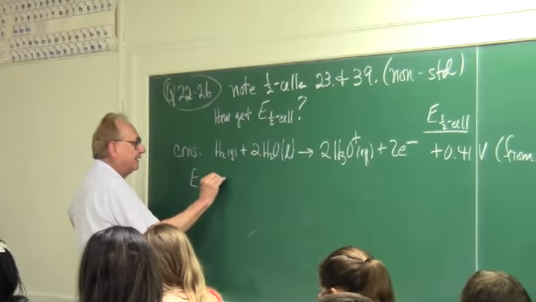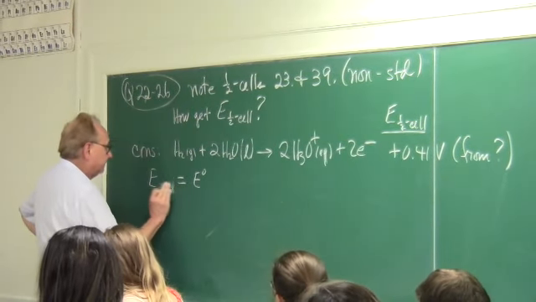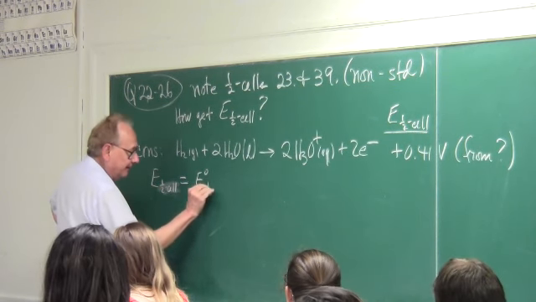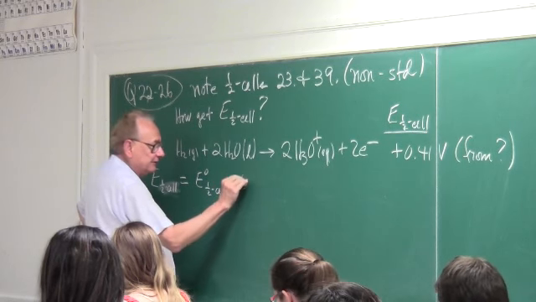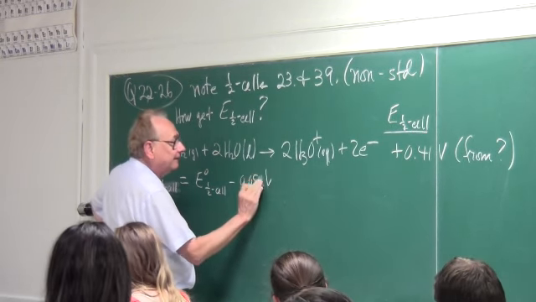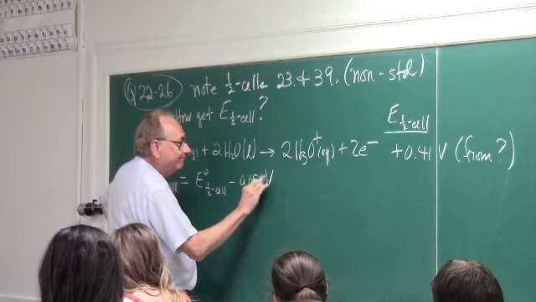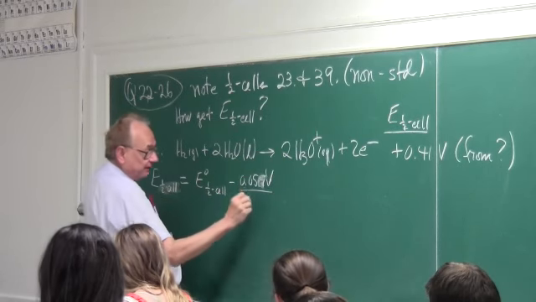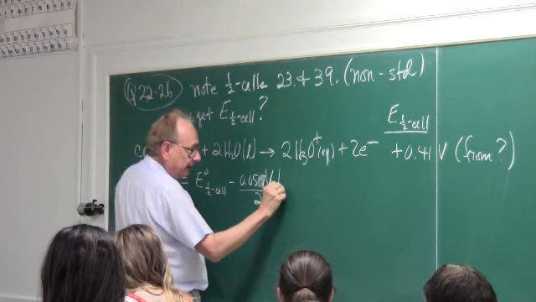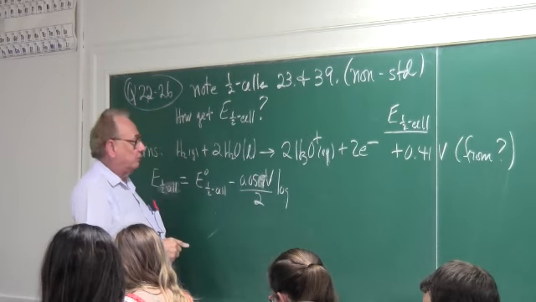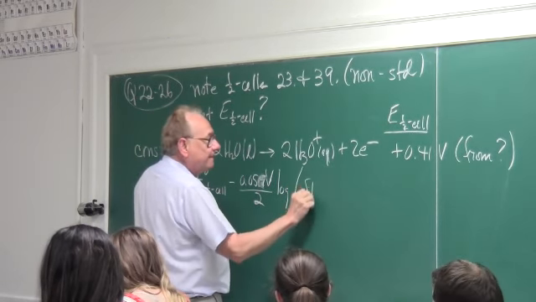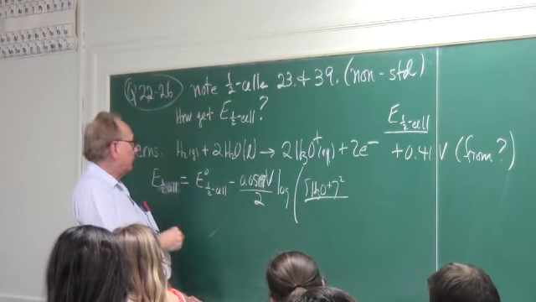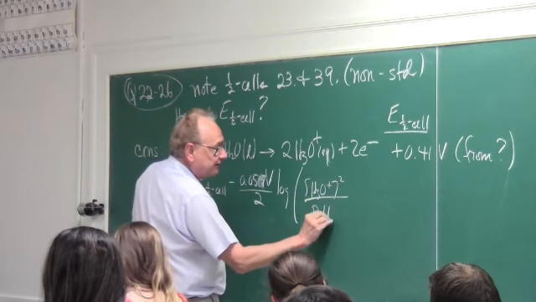E half cell equals E0 half cell, let's get the notation right, minus 0.059 V over 2, there's N, times the log of Q. Here's Q for this half cell: hydronium ion product, molarity squared, divided by the partial pressure of hydrogen gas.